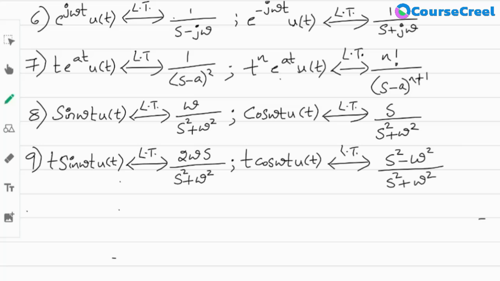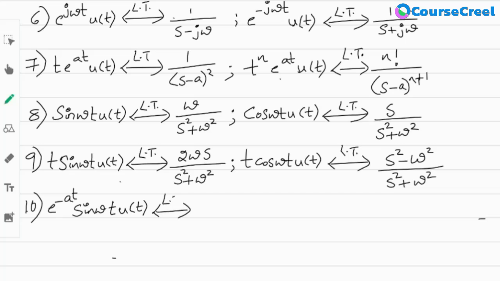And the next Laplace transform pair is the Laplace transform of damped sine and cosine functions, that is e power minus at sine omega t u of t.